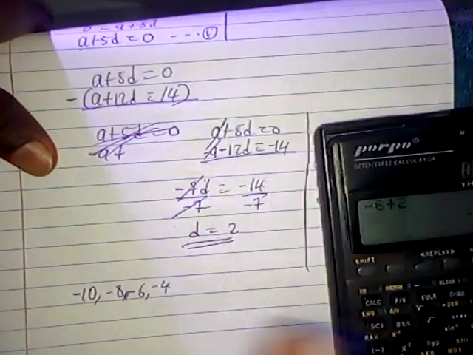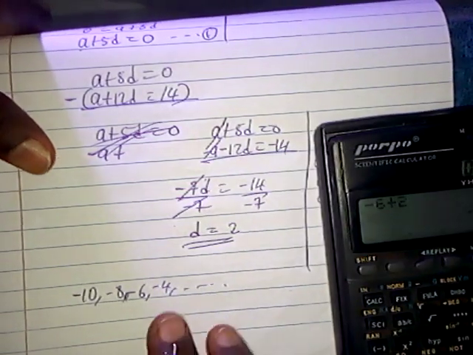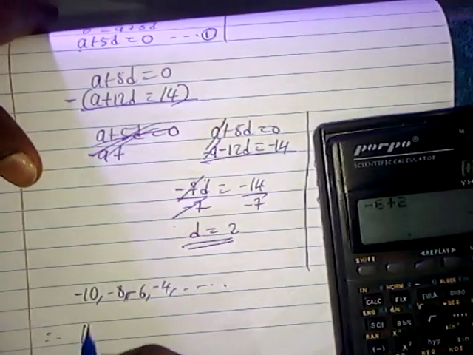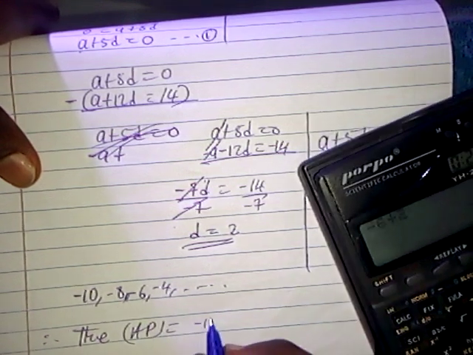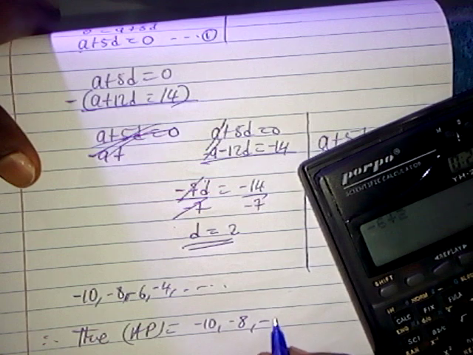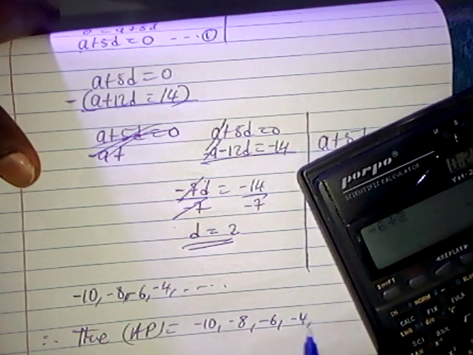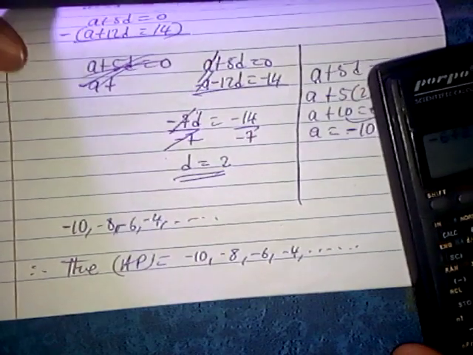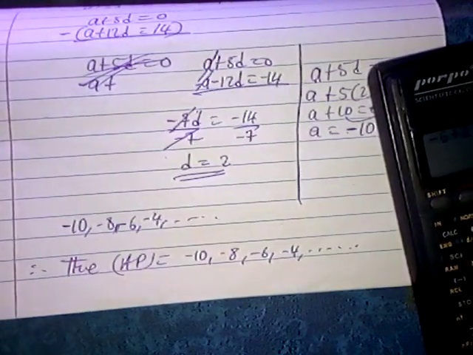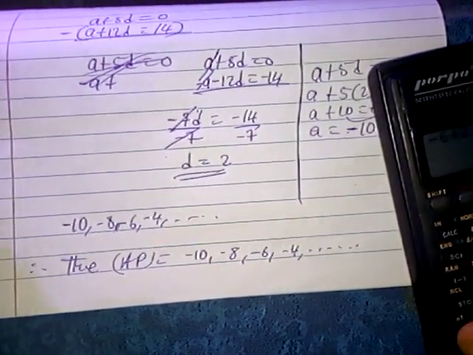Minus 4, comma, and so on and so forth. That's the AP. Therefore, the AP is equal to what? Minus 10, minus 8, minus 6, minus 4. It does not stop there. So on and so forth. Do you see? I hope it's understandable.